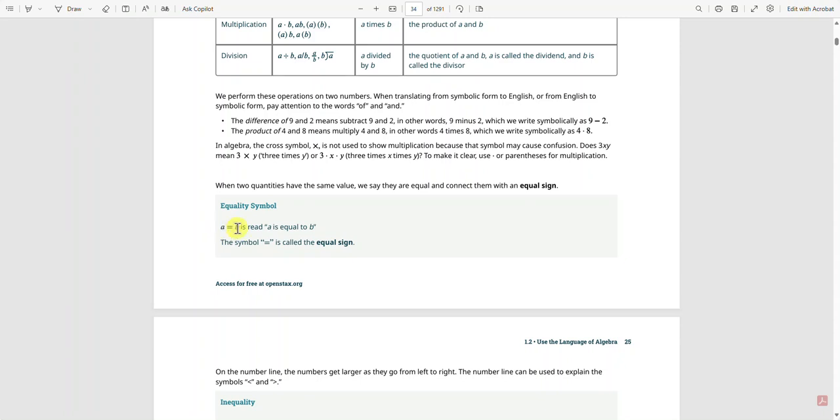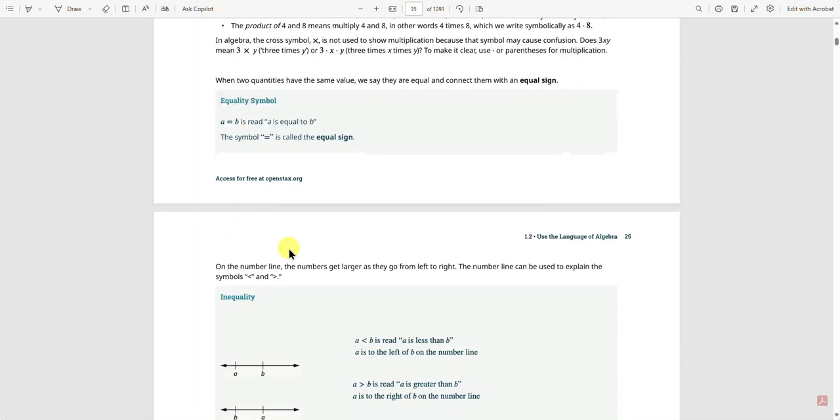If A is equal to B and we see A in an equation, we can replace it with B because they're equal. They have the same value. So two symbols or two expressions in algebra that are equal can be used in place of each other. And we'll see as we go on in our studies why that's so important. But this is the equality symbol and should be pretty simple.